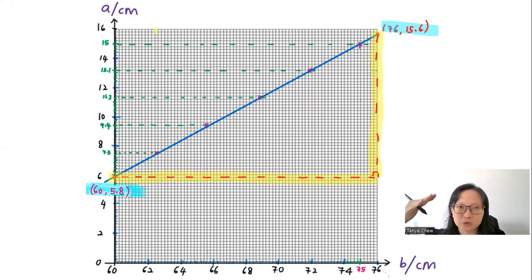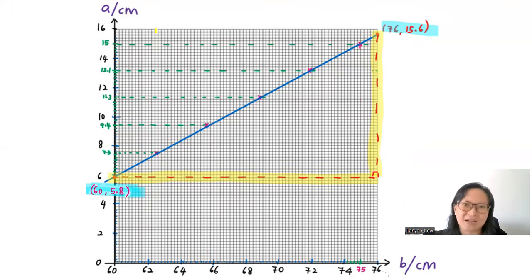The triangle that you draw is for the examiner to see whether the calculation of your gradient is accurate or inaccurate, because that's a rule of how you calculate the gradient. You have to make sure that the right angle triangle that you drew on your graph must occupy at least half of the straight line, half of the best fit line that you drew.